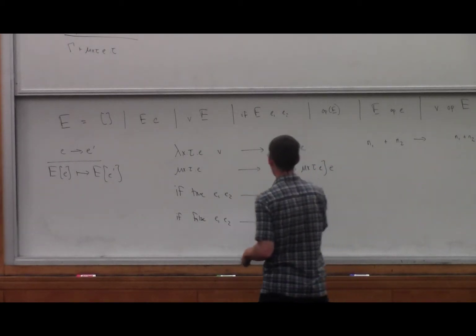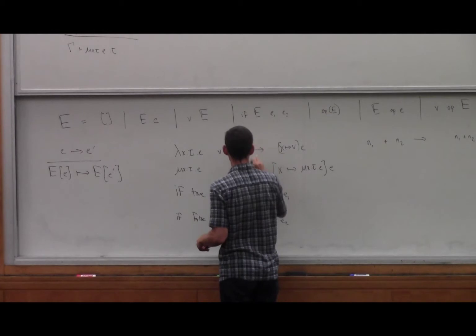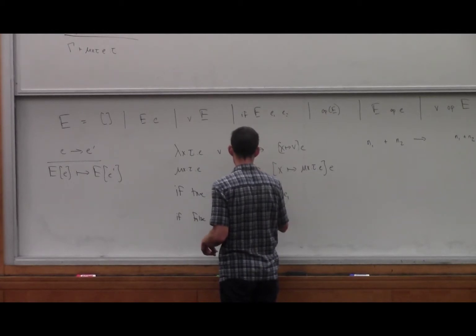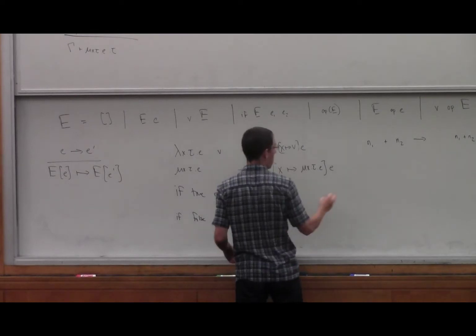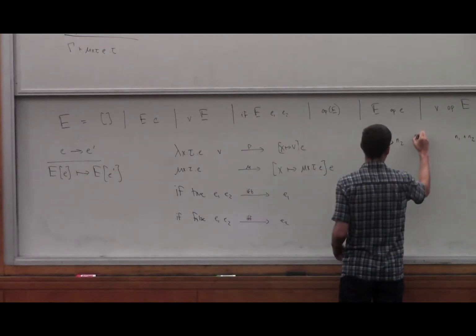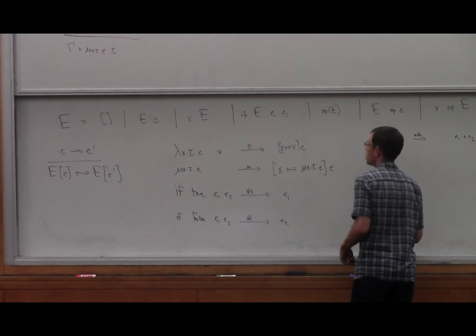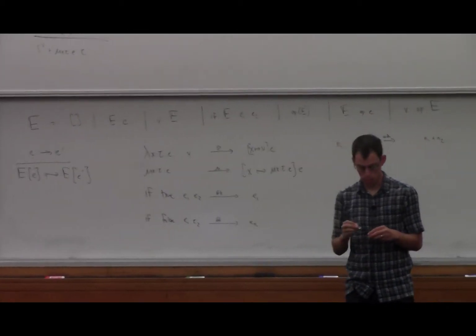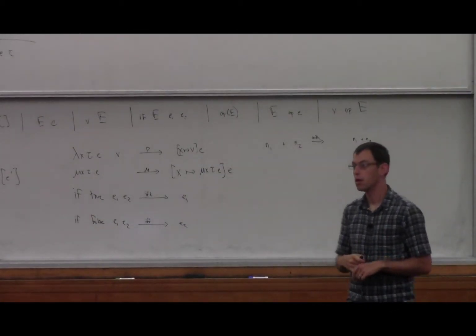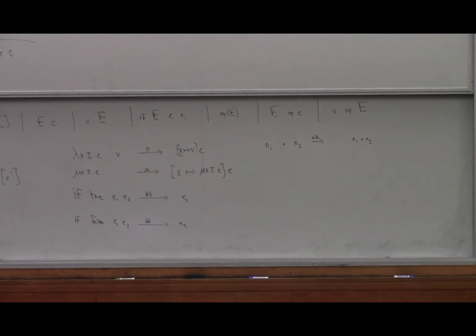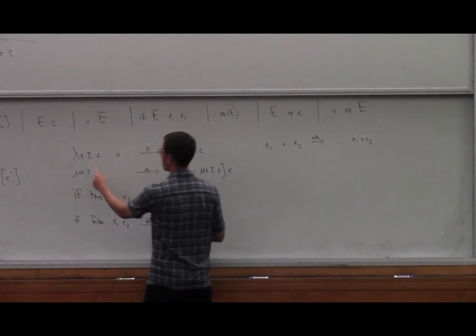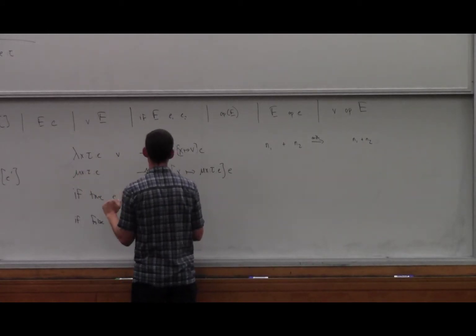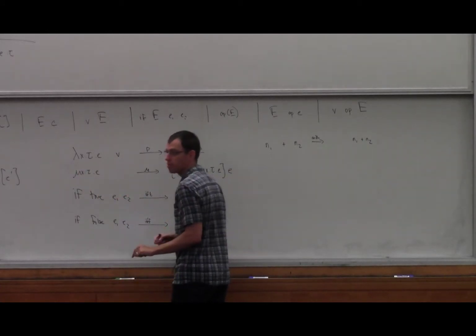So let me label these rules. So which rule applies? Okay, so the beta rule says we can take something of the form lambda x applied to a value and reduce it to something else.